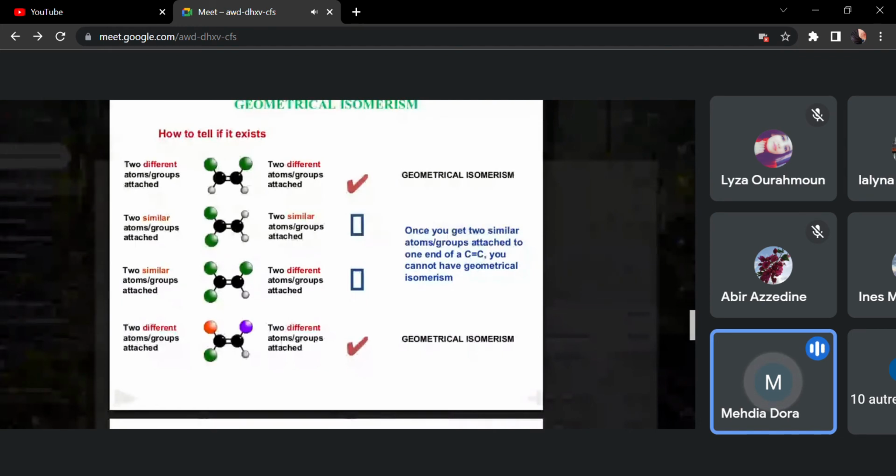The first column is about the molecules on the left, and the other column is about the molecules on the right of my hand here. Okay? So geometrical isomerism is considered only for the first case and the last case. This is about geometrical isomerism.